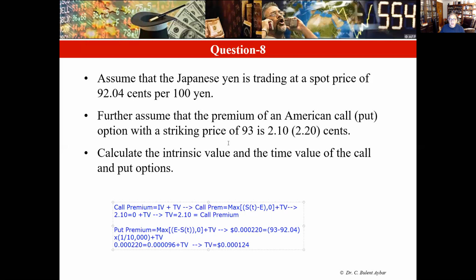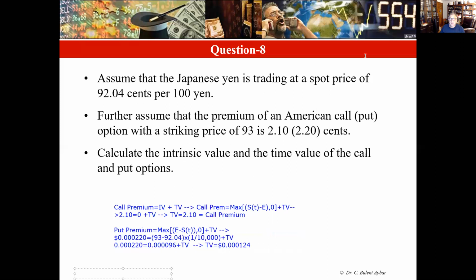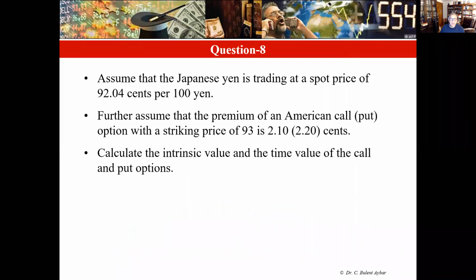So the intrinsic value and time value can be calculated by this. Let me just move on to the next slide after clearing this up. So I'm going to erase these and let's move on to the next slide to see the calculations.